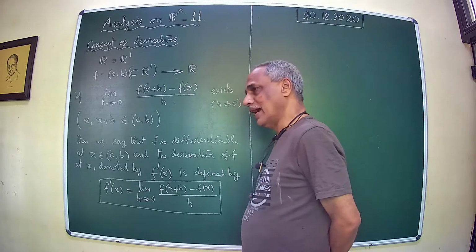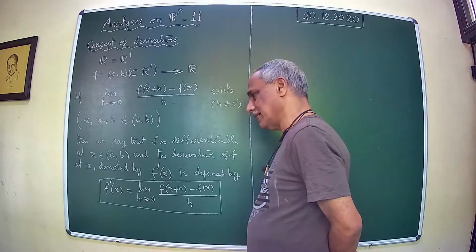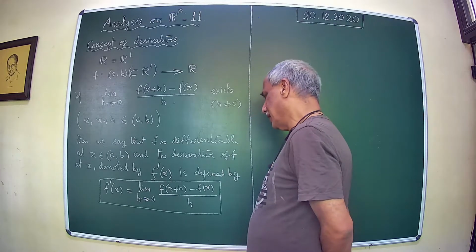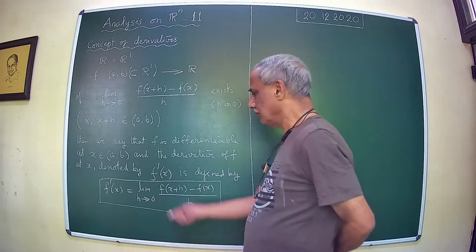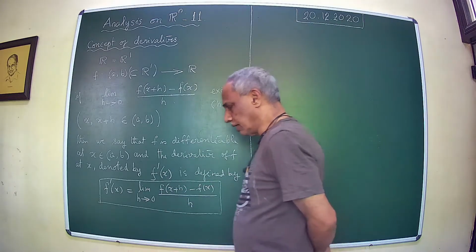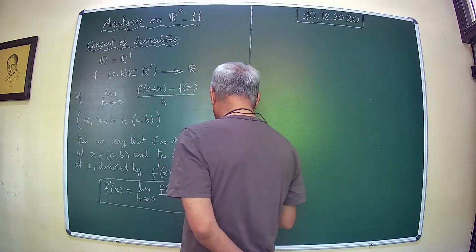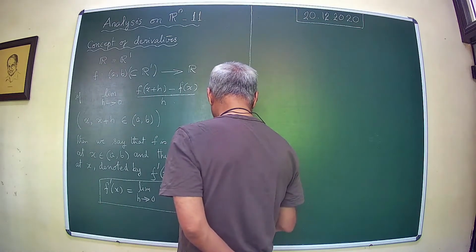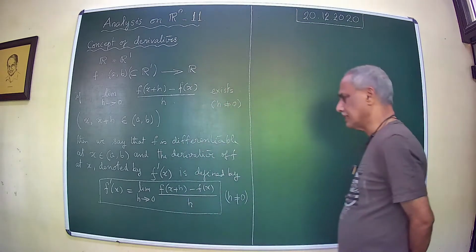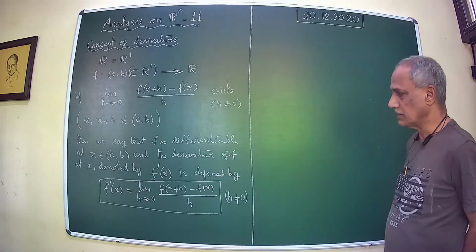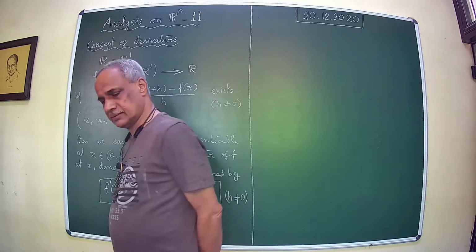That means 1/h is a real number, and therefore you can multiply this number by 1/h. And then, of course, you can ask the question, what happens to this as h tends to 0? Because we are taking h not equal to 0. If the limit exists, then you say that the function f is differentiable at the point x, and it is denoted by this.